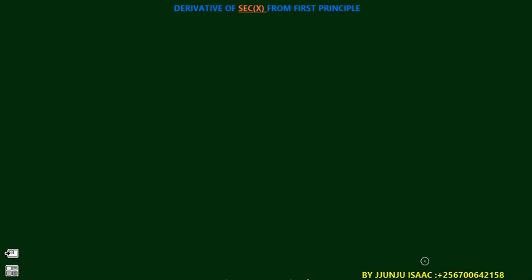In this video, we are going to find the derivative of sec x from first principle. We know that sec is the reciprocal of cos from trigonometry. So let us set our function f of x to be equal to sec x.